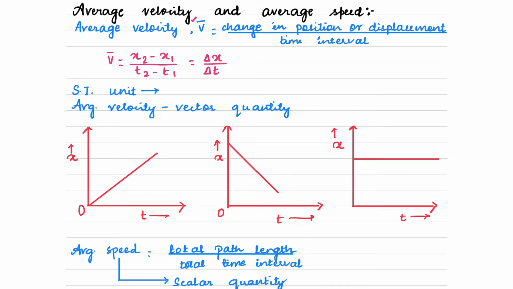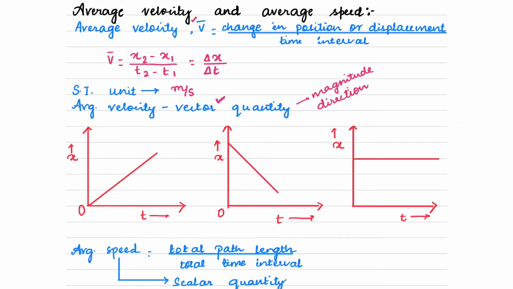The SI unit of average velocity is meter per second and it is a vector quantity. It requires both magnitude and direction for its specification.